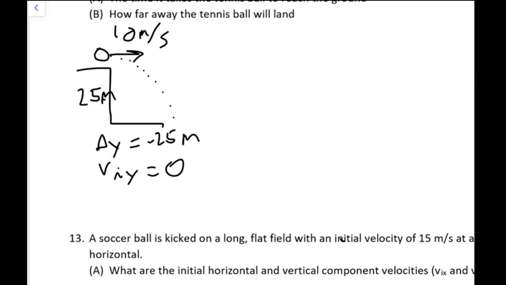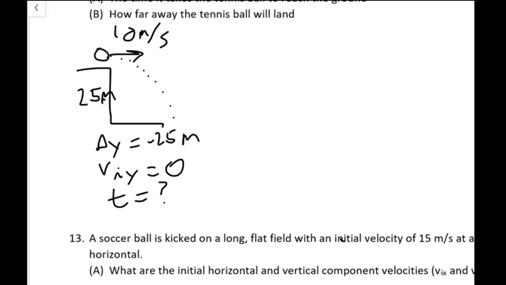So where was I? Viy is 0 because my ball is moving horizontally initially, no vertical component of velocity. And so I'm looking for the time it takes, t, given these things.